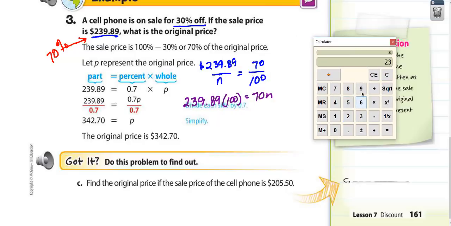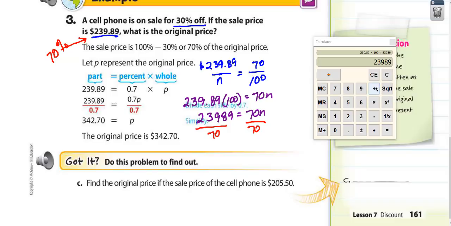$239.89 times 100. We add 2 zeros to it. Actually moves out the decimal point. So we've got 23,989 is equal to 70n. We divide by the 70.